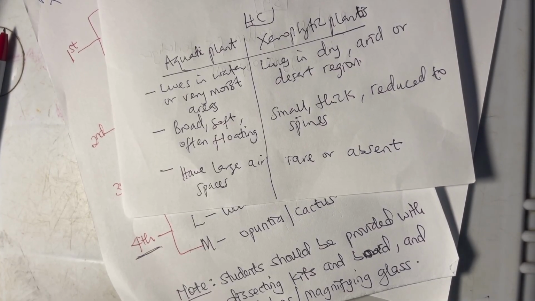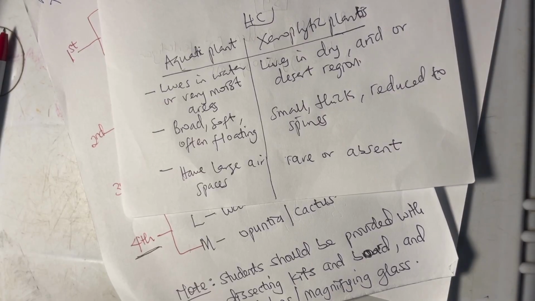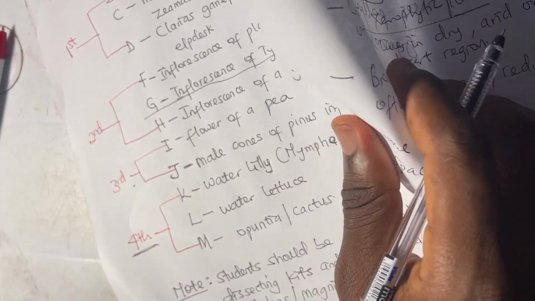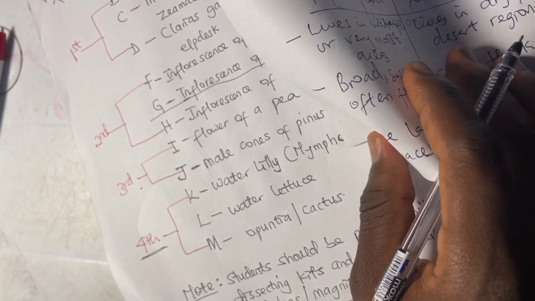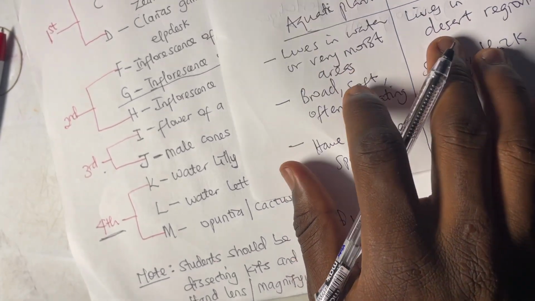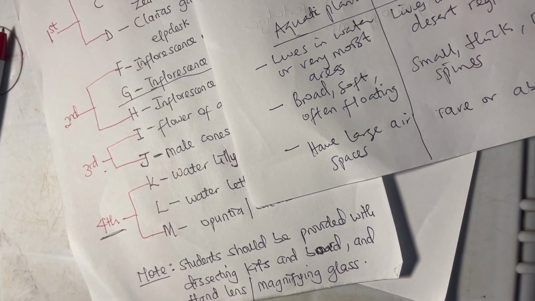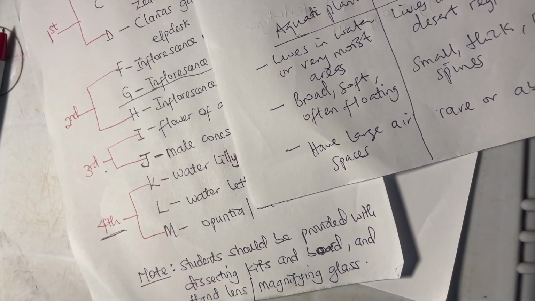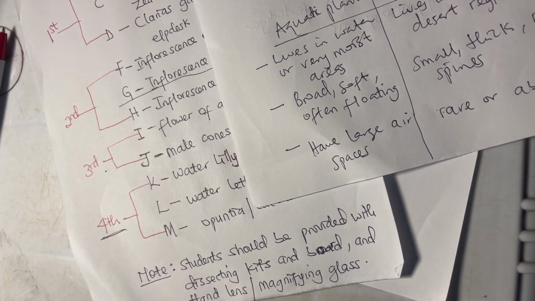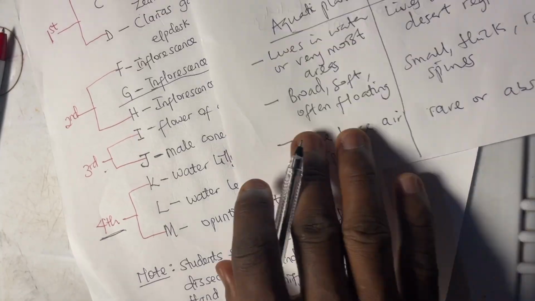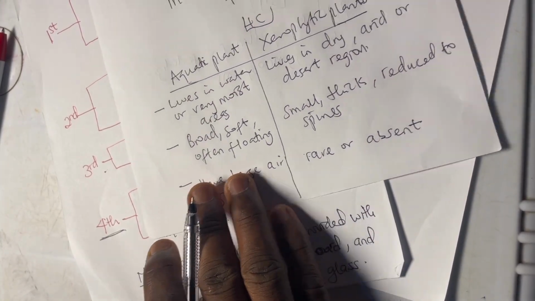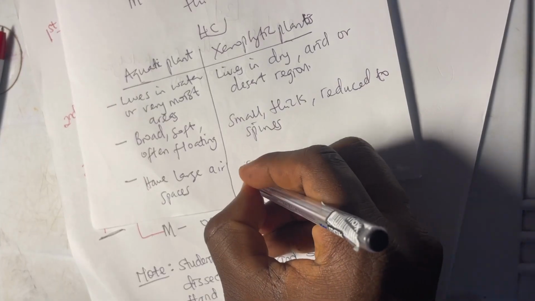Let's look at another possible thing they can ask you based on these three specimens, K, L, and M. They can ask you to state two uses of specimen M in human life. Let me write it as 4D.